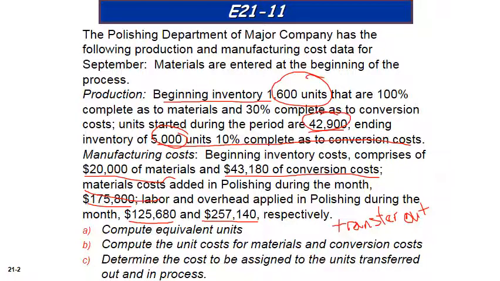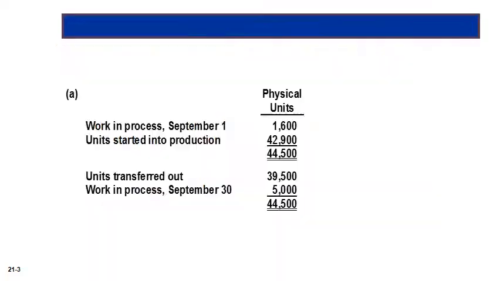They tell us the work in process at the beginning of the period is 1,600 units. They added 42,900. Usually we would call this the goods available for sale, but these are the total units available during the period. And they're just doing a proof here.